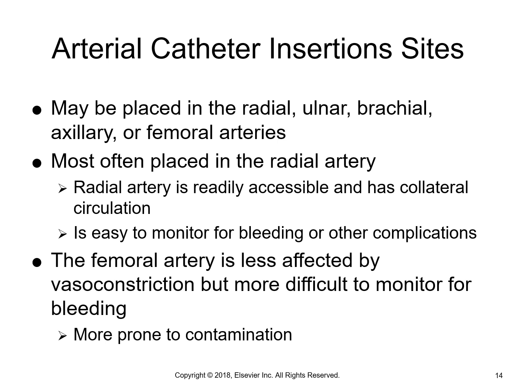Again, most often placed in the radial. The radial artery is very readily accessible and has collateral circulation. With the ulnar side, it's easy to monitor for bleeding and other complications. Femoral is less affected by vasoconstriction, so it's not quite as sensitive, but it is definitely more difficult to monitor, to keep clean, to watch for bleeding.